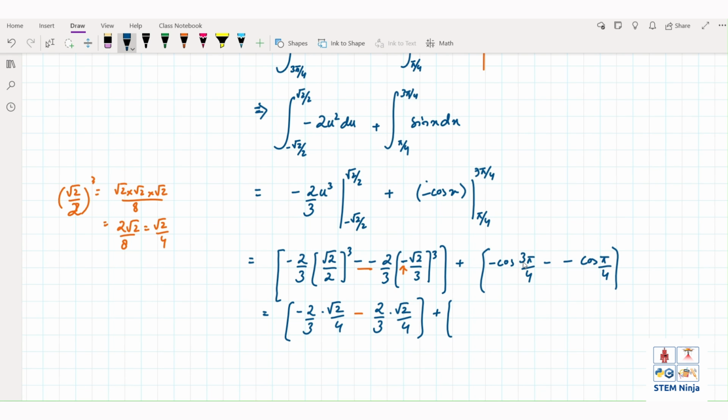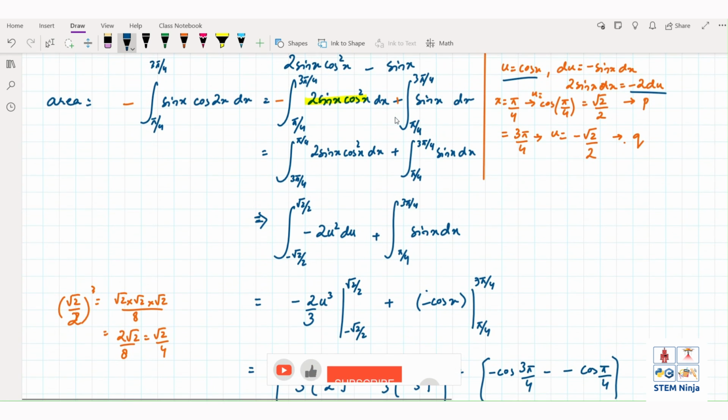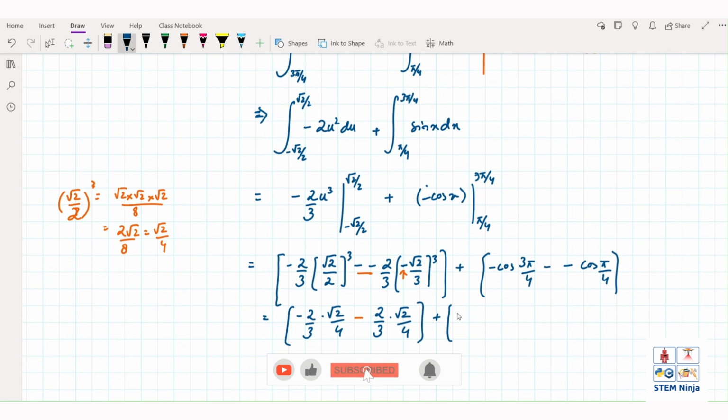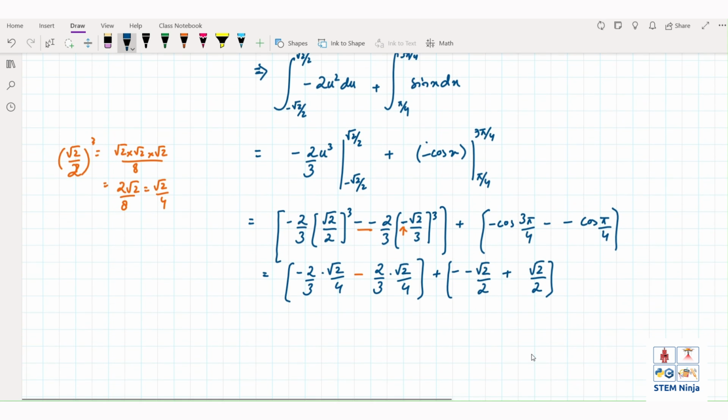Similarly, cos 3 pi by 4, we actually found that out. That is minus root 2 over 2. So minus root 2 over 2 and plus, because minus that, root 2 over 2. So if you notice, these two terms are identical. They're adding negatively with each other.